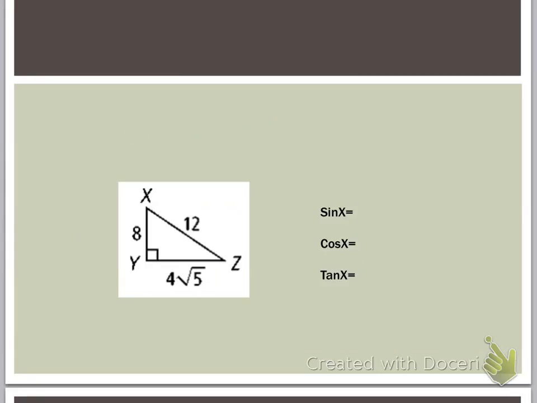Okay, so this one is coming from X. So this is my hypotenuse. This is the thing that's opposite, and this is the side that's adjacent. So if I write SOHCAHTOA up here, sine is opposite over hypotenuse, so 4 square root 5 over my hypotenuse, which is 12.